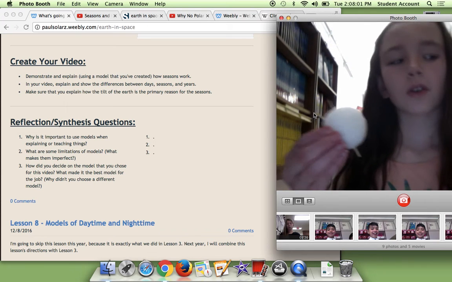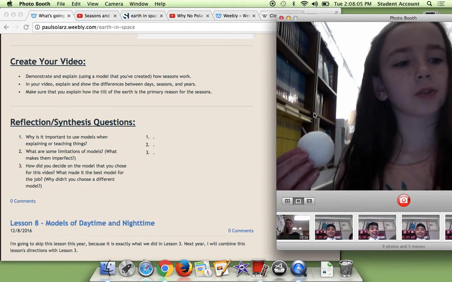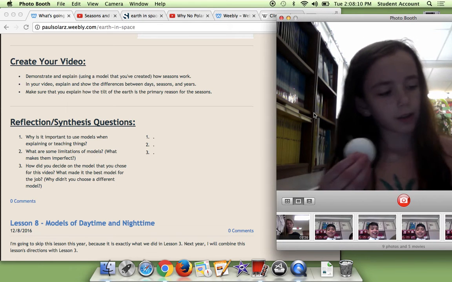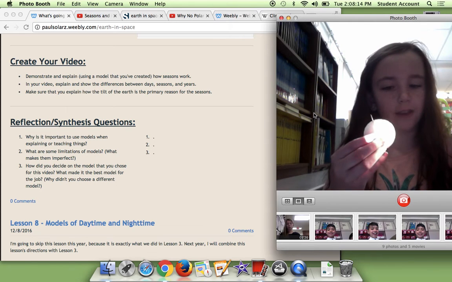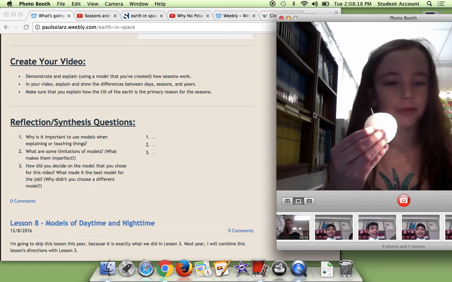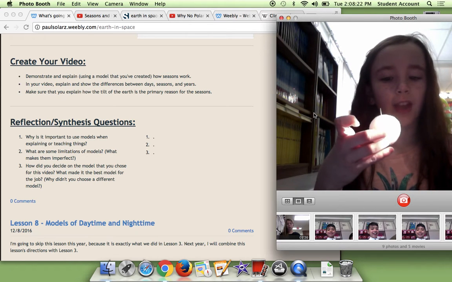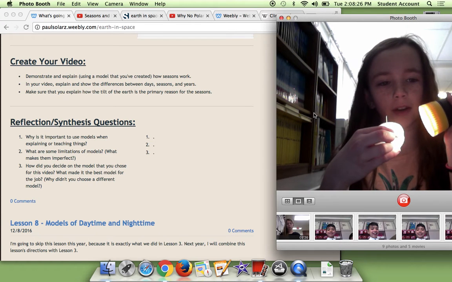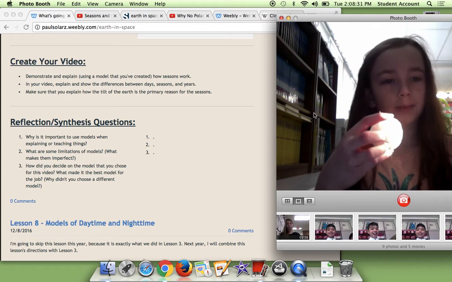Now let's pretend this is the sun. If the sun's like this, the northern hemisphere right here is getting less sunlight than the equator, because it's pointing right at the equator, which is right here. The northern hemisphere is still getting light, but not as much.